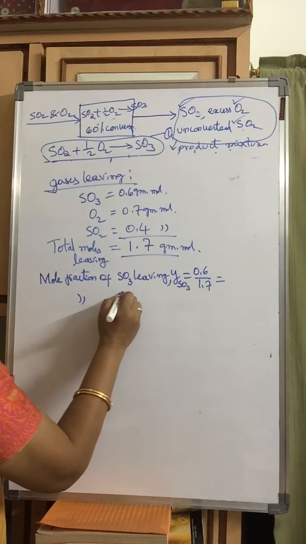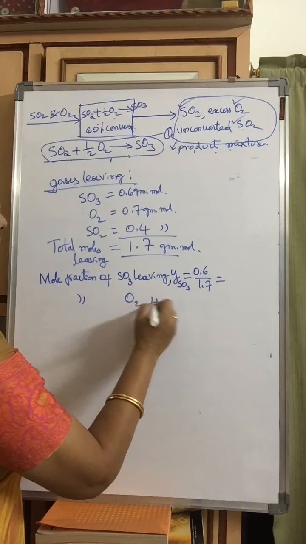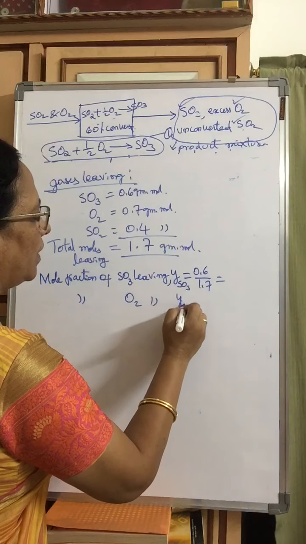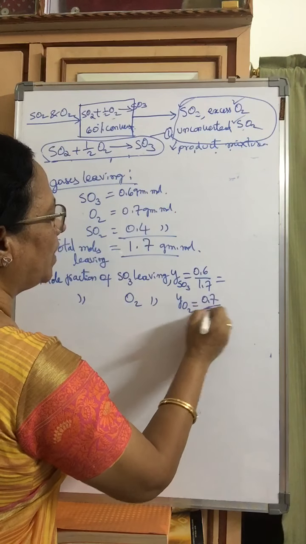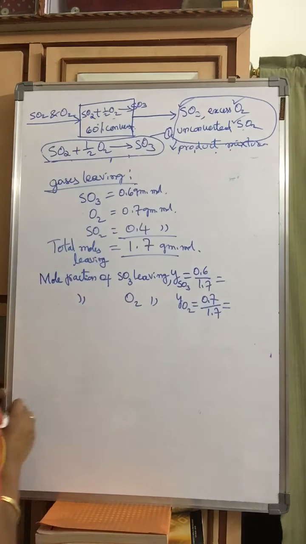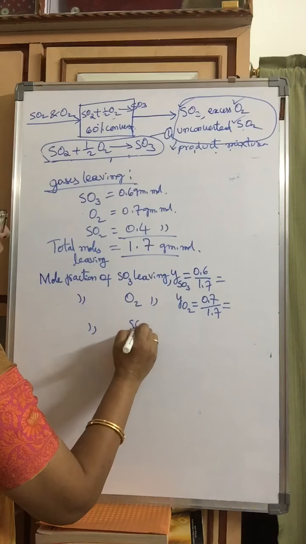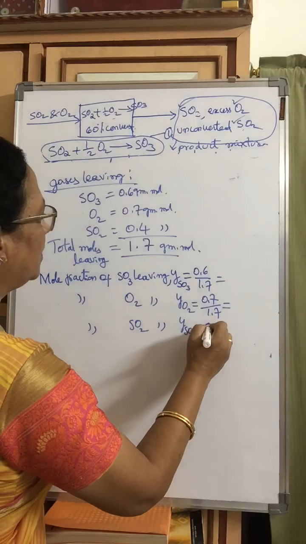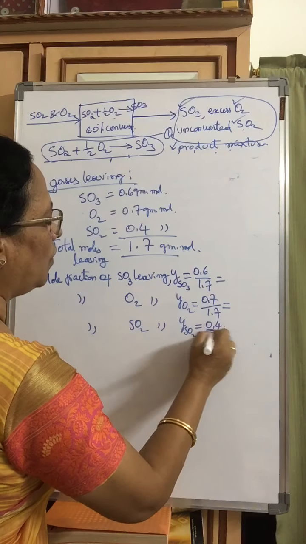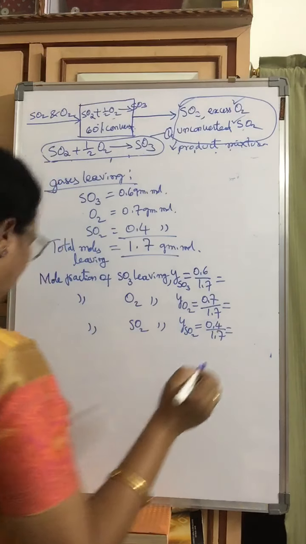Then the mole fraction of oxygen leaving, Y oxygen, is 0.7 by 1.7. And the mole fraction of SO2 leaving, Y SO2, is 0.4 by 1.7.